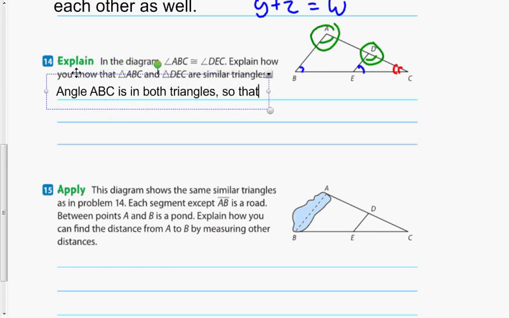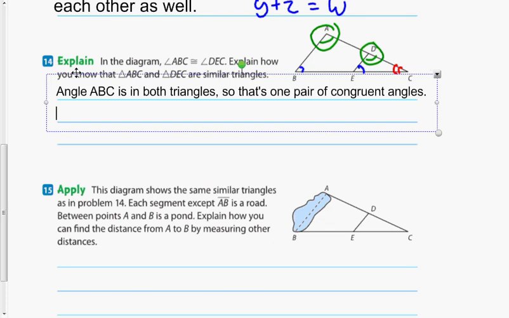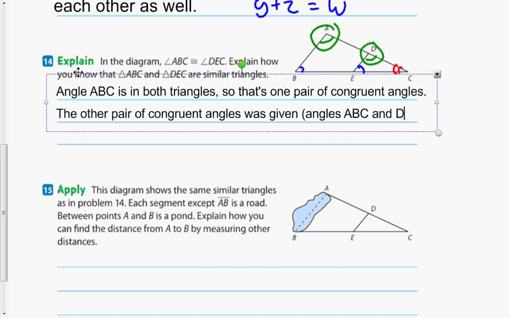So that's one pair of congruent angles. The other pair of congruent angles was given. And those would be angles ABC and DEC. That was said right away.